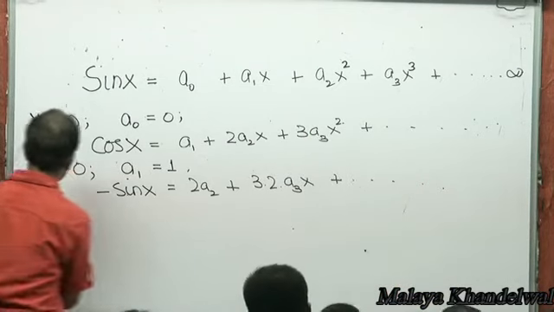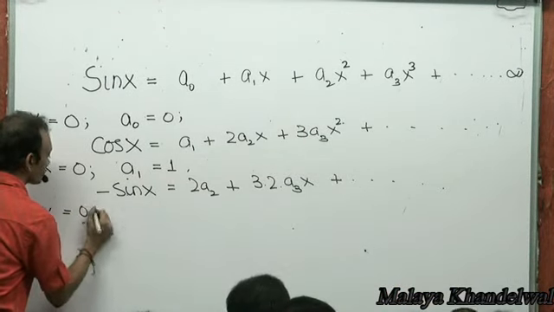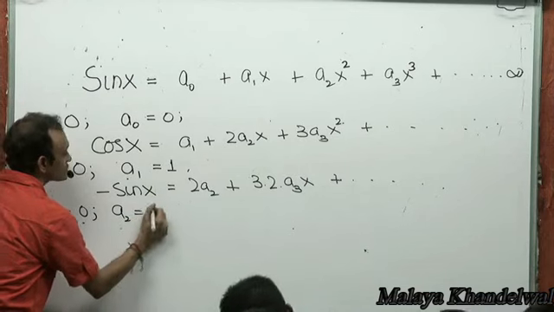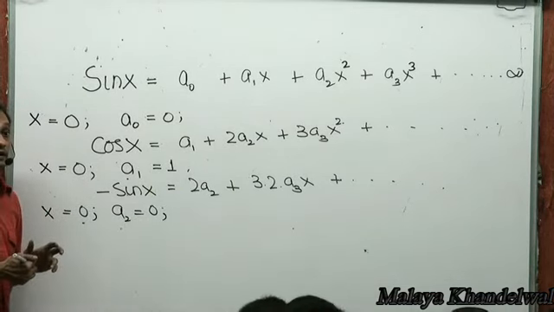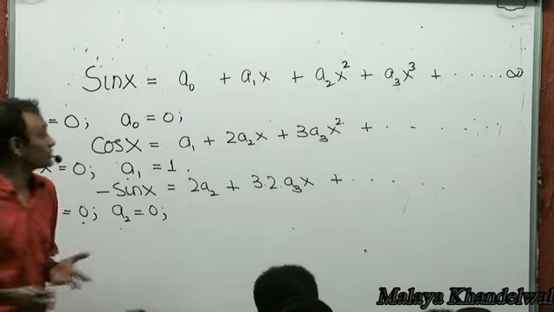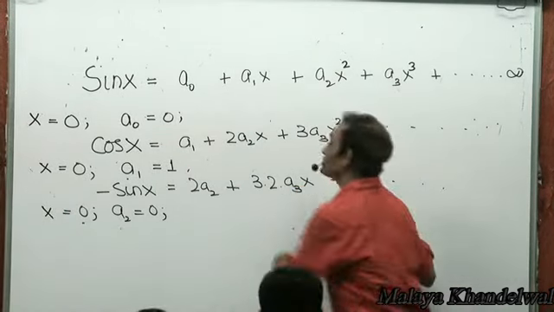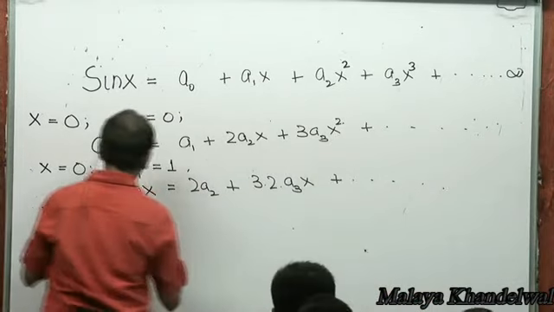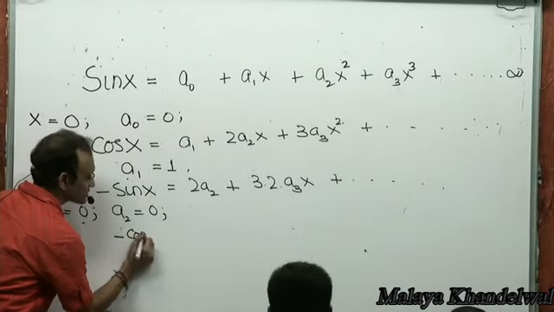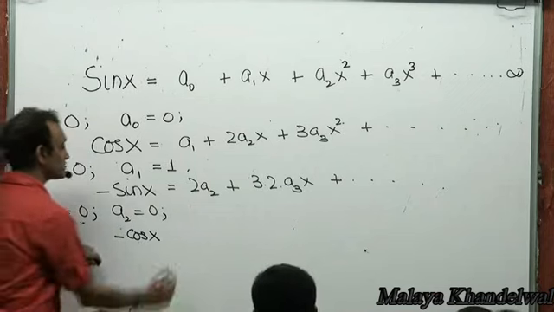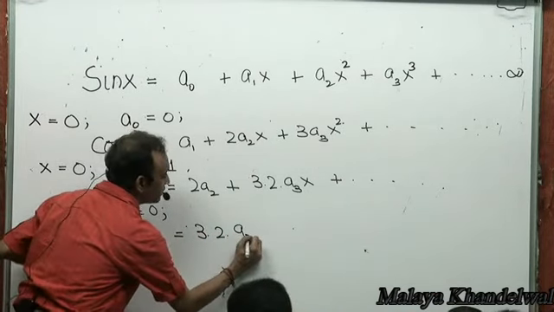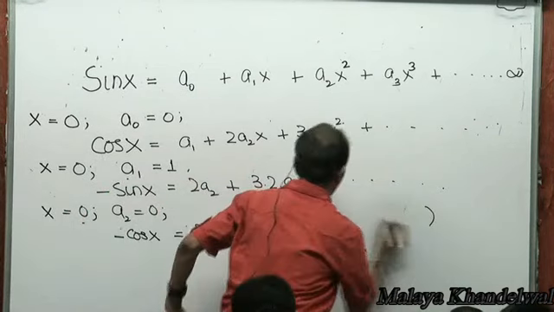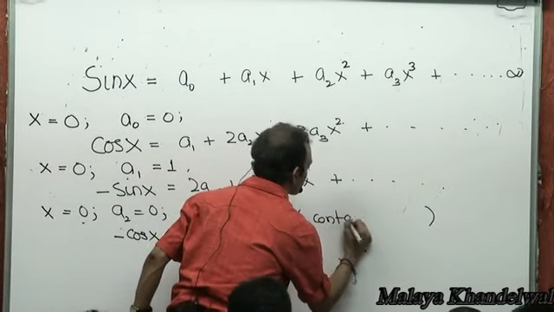So plug in x equal to 0 again. a2 is 0, right? Now differentiate again with respect to x. Yes or no? If you differentiate again with respect to x, you have a minus cos x equals 3 into 2 into a3 plus other terms that will contain x.